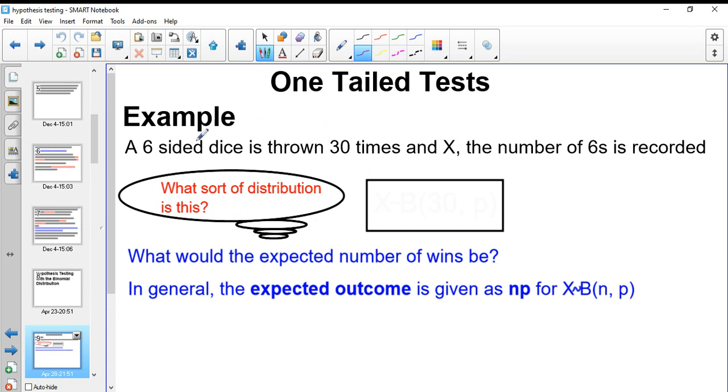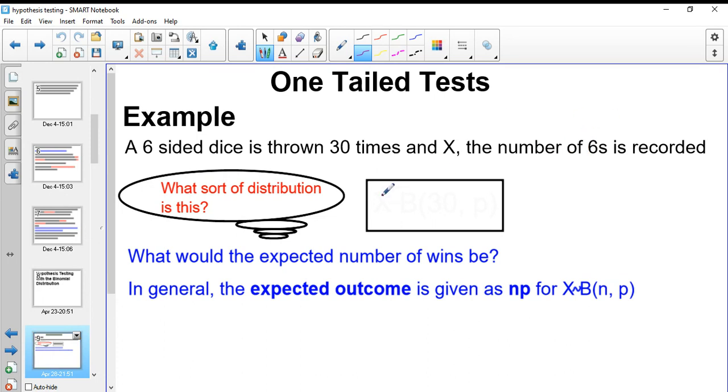It's a binomial distribution because the number of sixes recorded would be our probability of success, getting a 6, and then a failure would not be getting a 6. So we have two outcomes, success and failure. We have got a fixed number of trials, which is 30, and there is a fixed probability of success, which we know is 1/6.